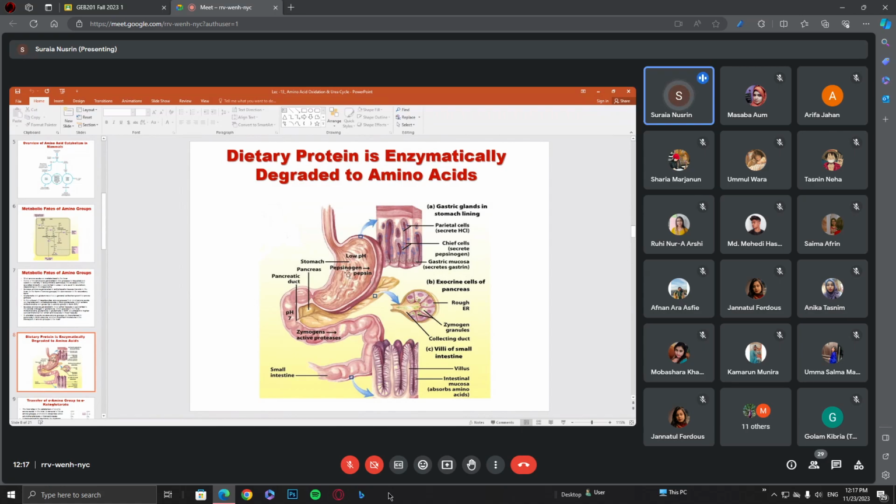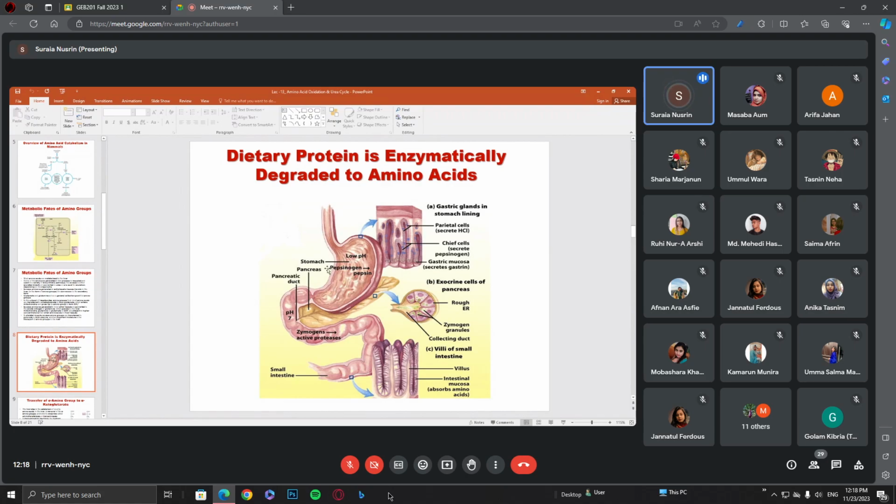Now what happens is that pepsinogen, which is an inactive enzyme, needs to be activated into pepsin, and this activation requires a lower or acidic pH. So that means the HCl is doing that. HCl is activating the pepsinogen into pepsin, and then the pepsin will start degrading the proteins into amino acids.